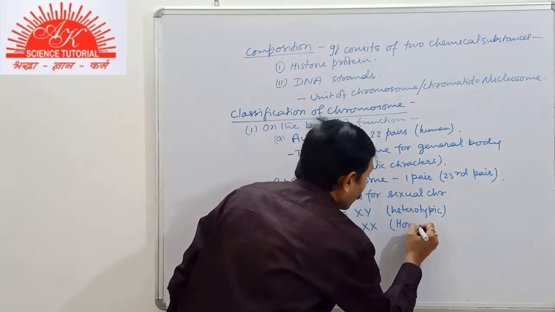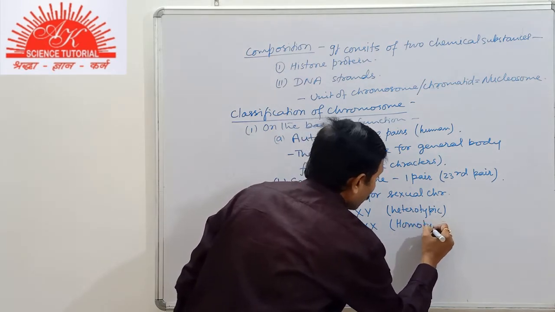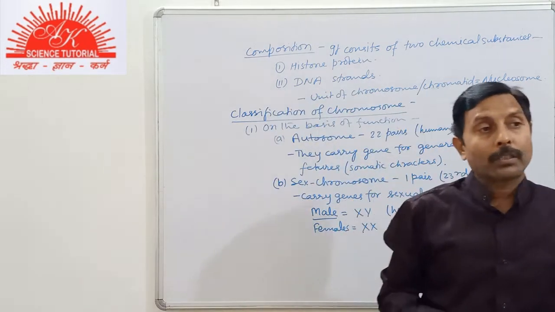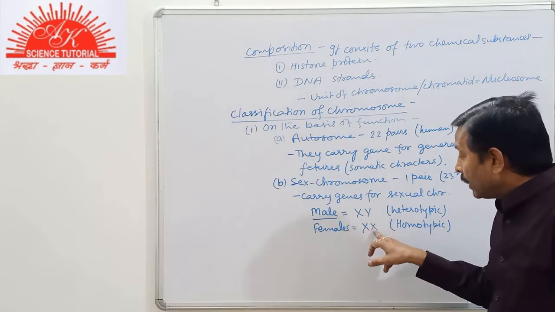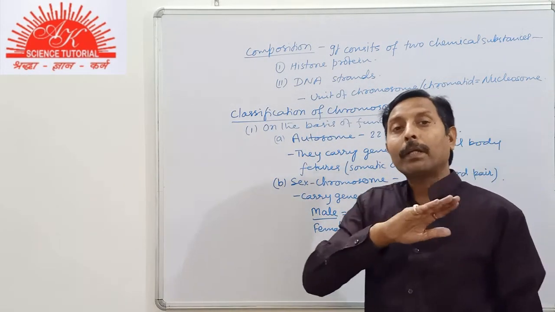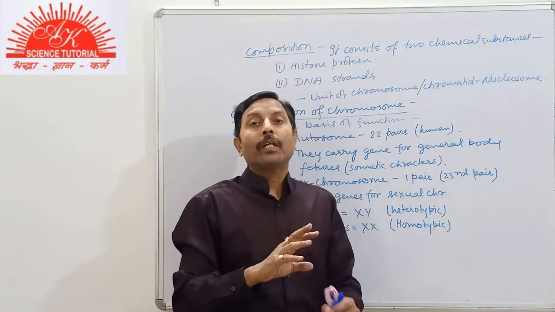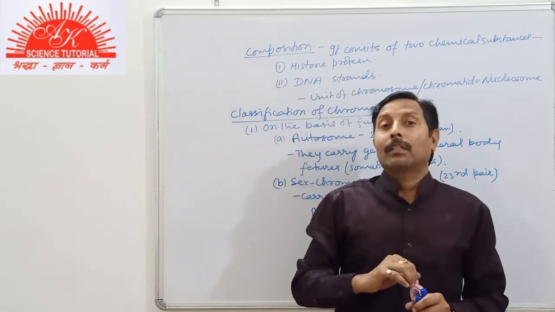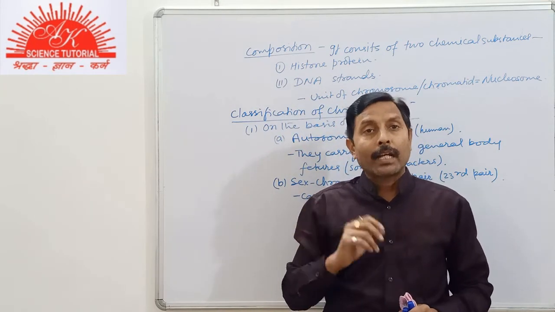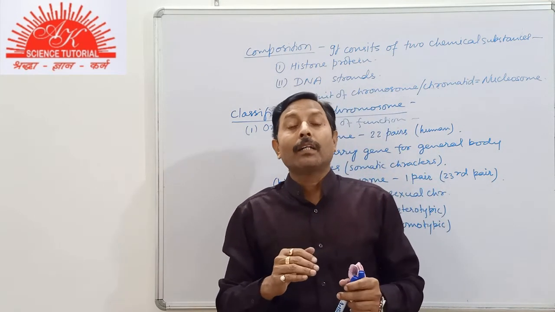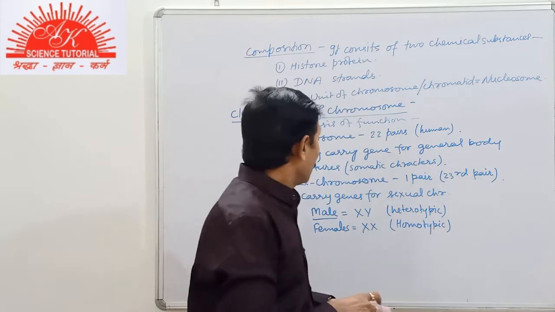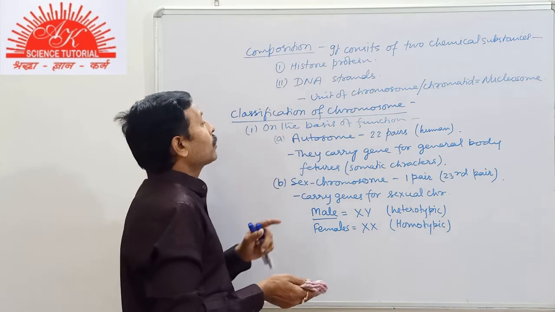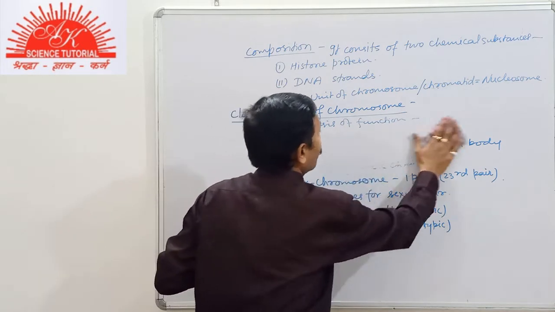That is called homotypic, that is similar type. Now you see, the genes on these two chromosomes help in distinguishing between males and females on the basis of the sex organs, the secondary sexual characters and other features. So this is the classification of chromosome on the basis of their functions.